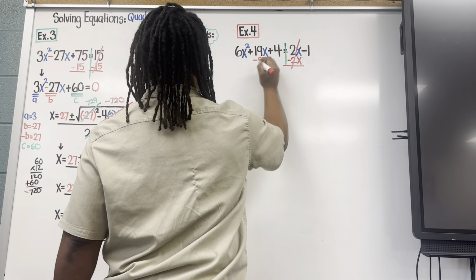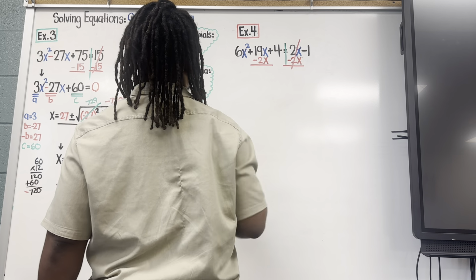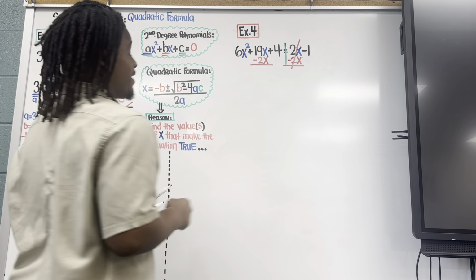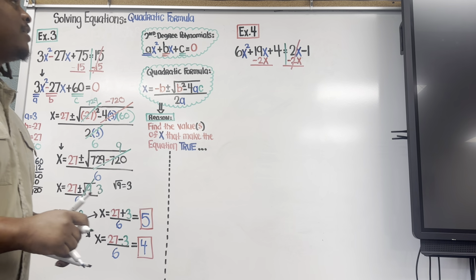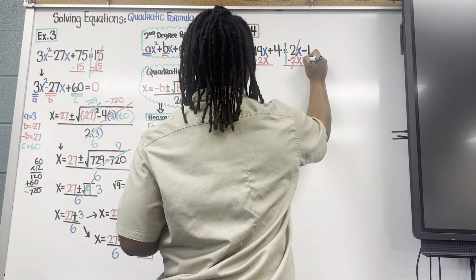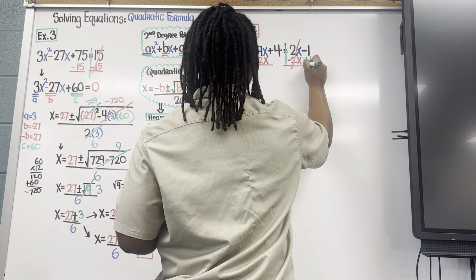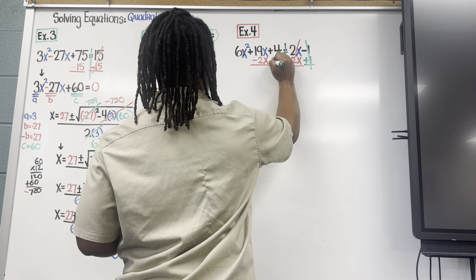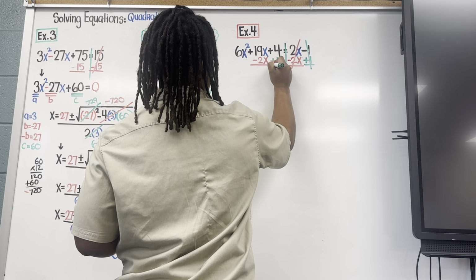Over here I have a negative 1, and the opposite of negative 1 is plus 1, so I'm going to add 1 on both sides. It's going to cancel out over here, and then I find a like term, which is 4, so I'm going to add 1 to 4.